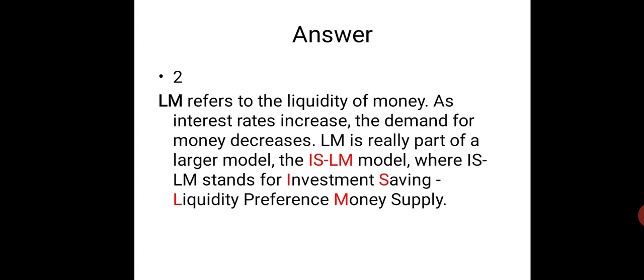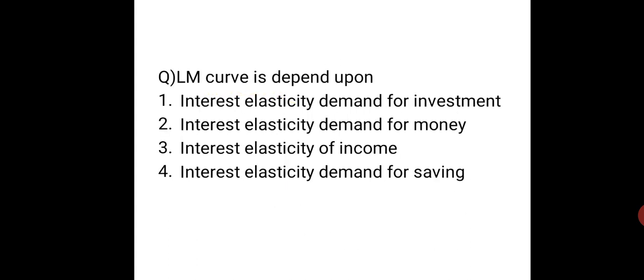As interest rate increases, demand for money decreases. That is what interest elasticity means: when there is a change in interest, what happens to the demand for money? So basically LM is related to demand for money or supply of money. It is not related to investment, income or saving. Interest elasticity of demand for money is the answer.